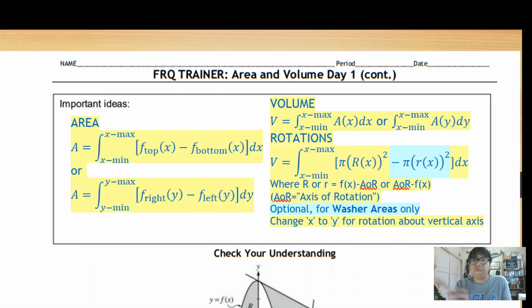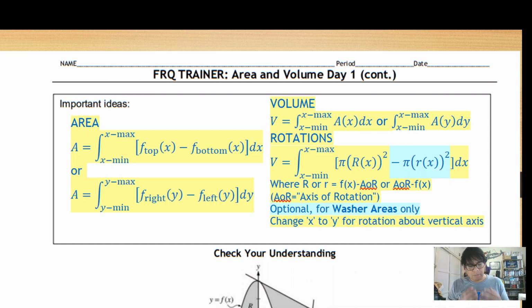If you're rotating around a vertical axis, then the X's and the Y's change up. I know in class I talk about, if it is a vertical axis, just interchange all the X's and the Y's. It'll be the exact same problem. There are some geometric properties which ensure us that that's going to be true.